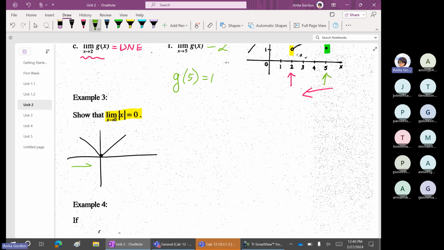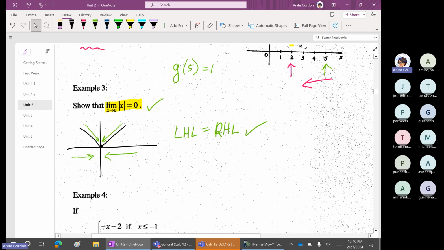So, is that true? Yes, it is. As we move to the left and as we move to the right, they are both getting closer and closer to the value 0. So this is just a visual demonstration here. We can see that it approaches 0. So the left-hand side and the right-hand side, oops, that was supposed to be an R, agree. So therefore the limit exists.